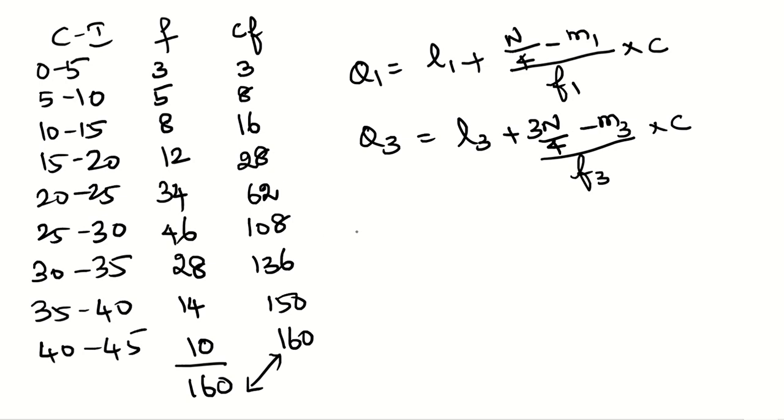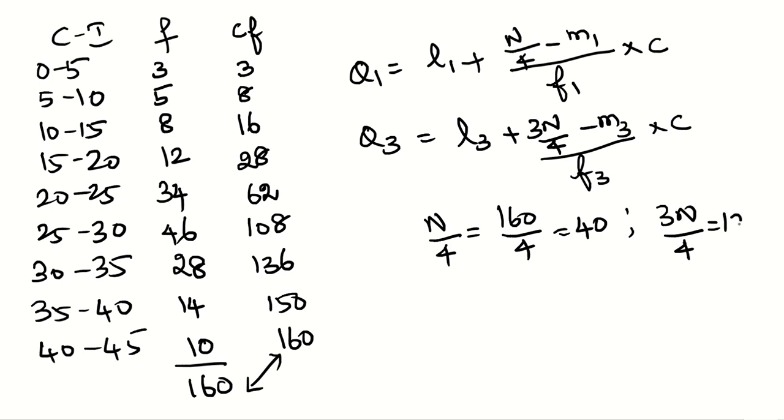Now let us calculate n by 4. N by 4 is 160 divided by 4, which is equal to 40, and 3n by 4 will be 120. Now let us fix the first quartile class. Now n by 4 is 40.